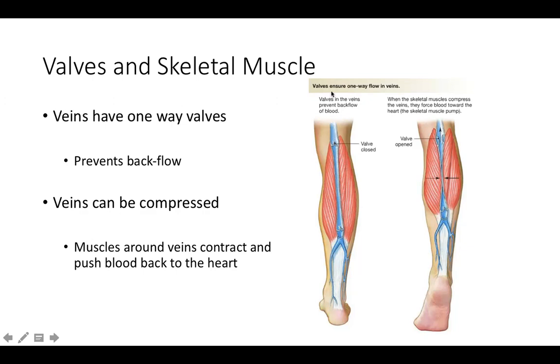When the thigh muscles contract, it's going to push the blood into the abdomen. When the abdominal muscles contract and the organs contract around them, and the pressure increases in your abdomen, it's going to push the blood back to the heart. So it's this constant compression of the veins that is going to allow for the blood to flow back.